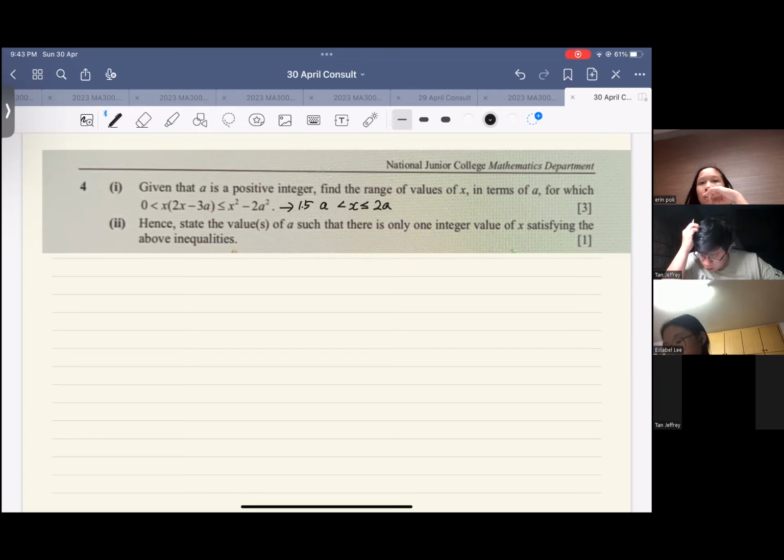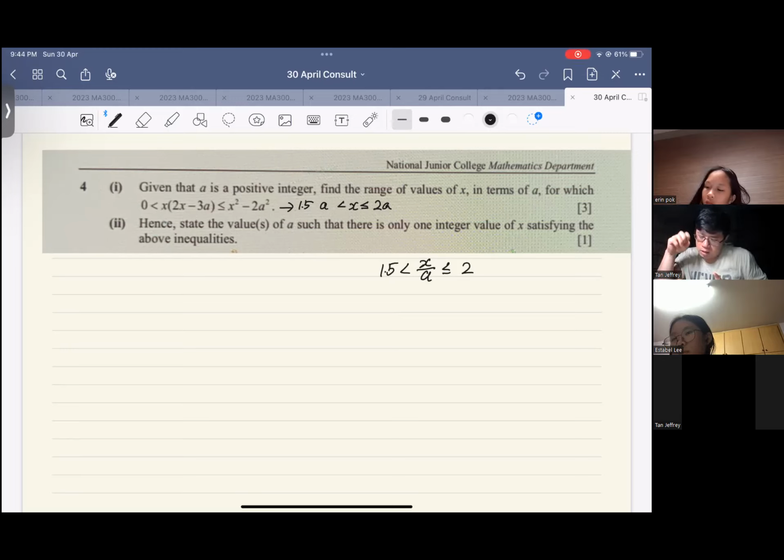So I need an X value. If I divide all, that means 1.5 less than or equal to X over A less than or equal to 2. Am I right? So X over A must be between these values. Wow, yeah, I also don't know.